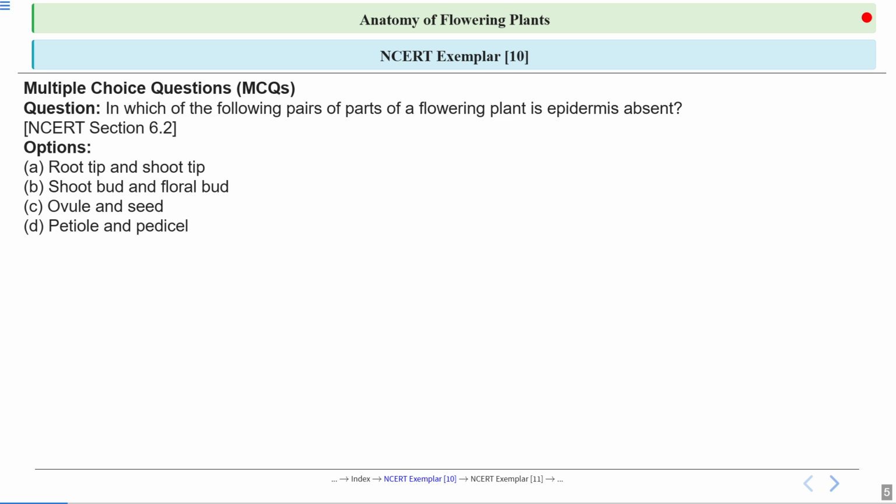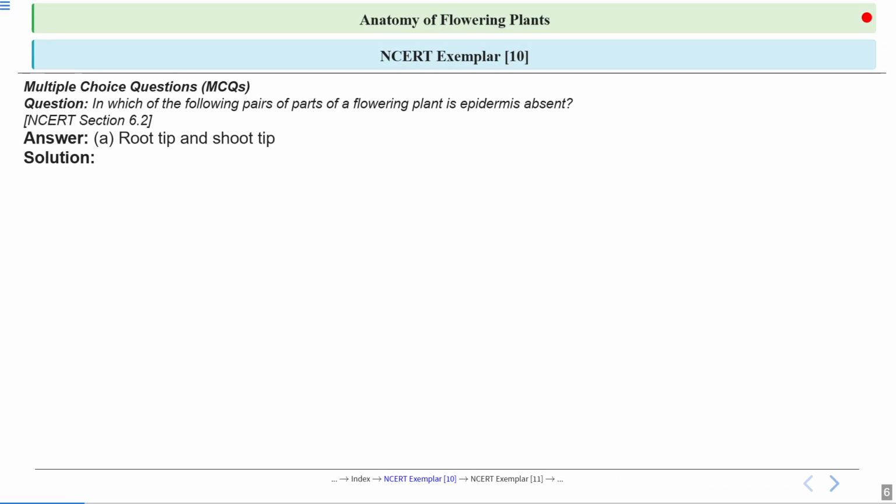Let us see the answer of this question. In which of the following pairs of parts of the flowering plant is epidermis absent? The correct answer is root tip and shoot tip. In the region of root and shoot tip, epidermis is absent.